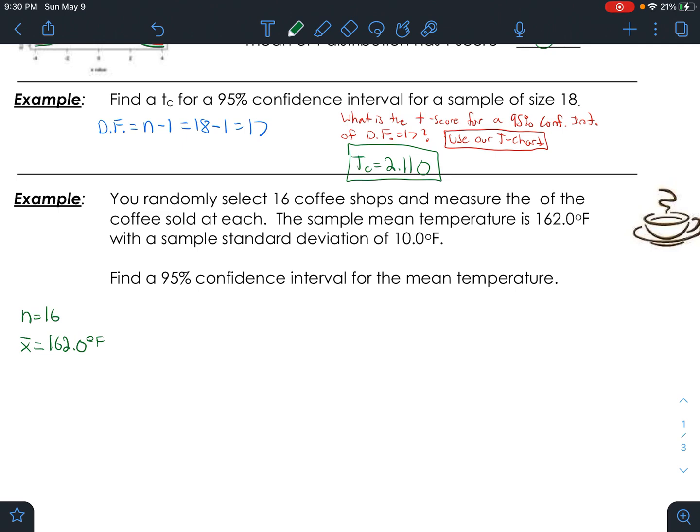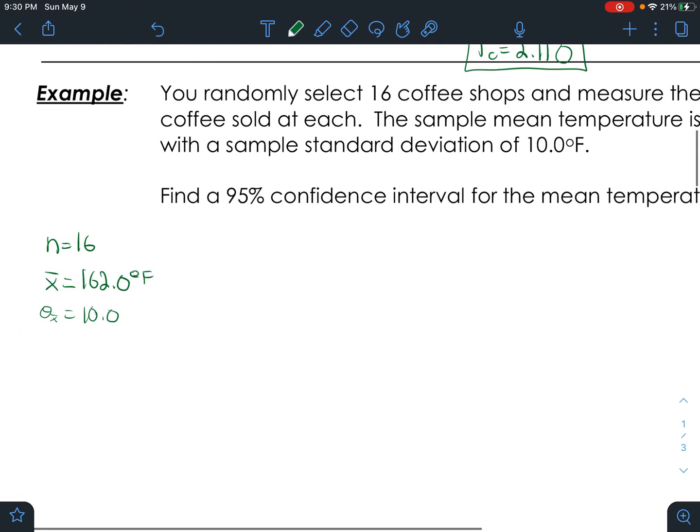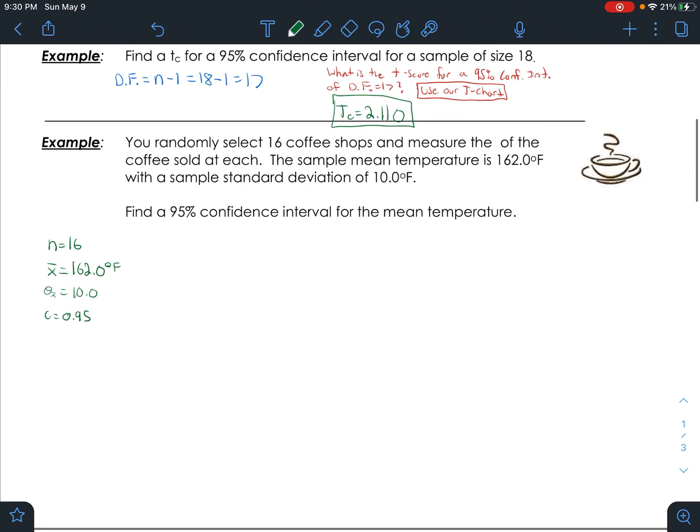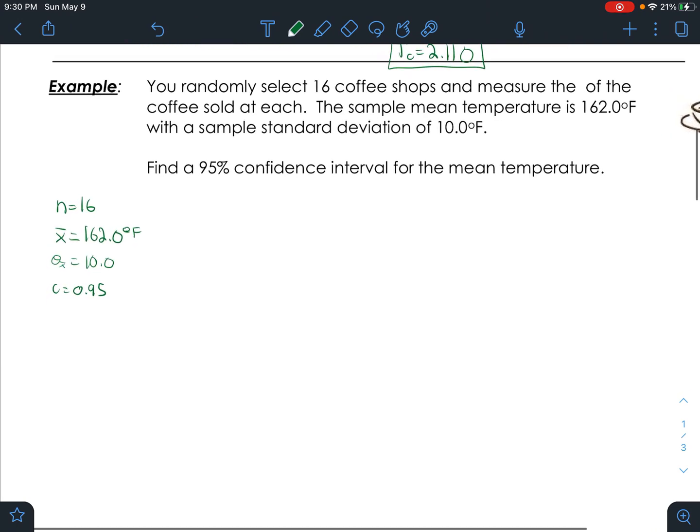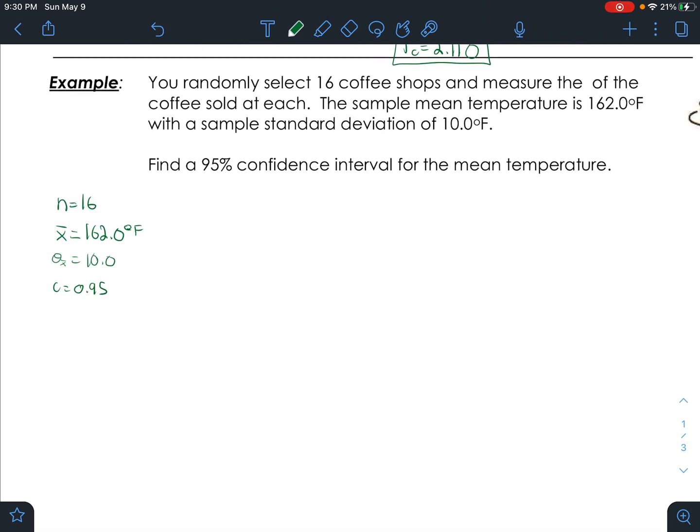Okay, so that's nice that they tell us our sample standard deviation is 10.0. Perfect. All right, find a 95% confidence interval. Good, we know our level of confidence is 0.95 for the mean temperature.